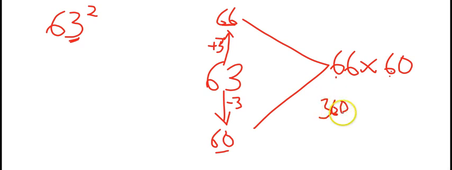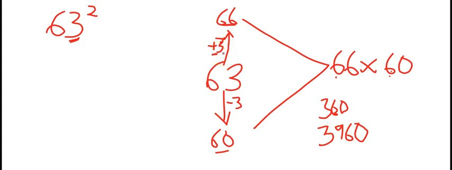Then 6 times 6 again will give us 36. So we add 36 to 360, which will be very easy to handle. That will give us 396. And then we attach our 0. And so for the first part of the answer, we have 3,960.